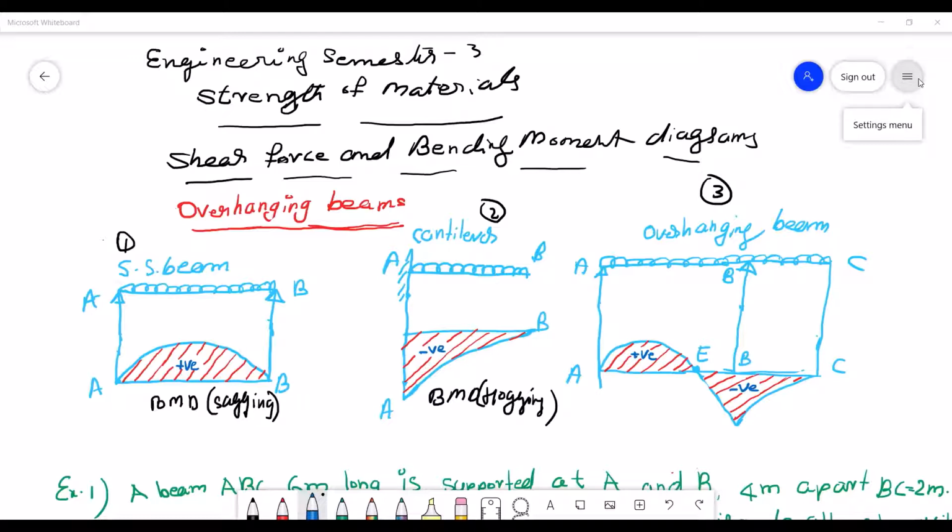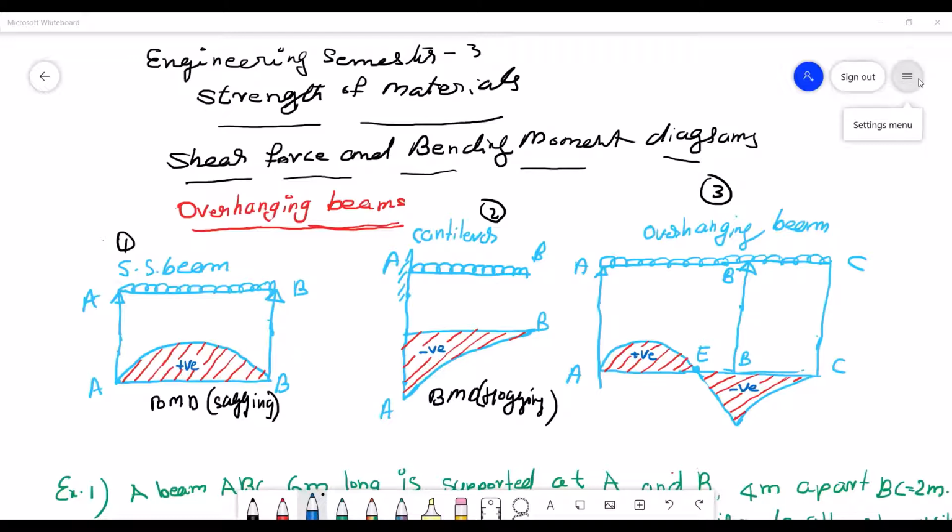The third is also a simply supported beam. Here the first part, AB, is a simply supported beam and BC is a cantilever beam. It means it is a combination of a simply supported beam and a cantilever beam, which we can call an overhanging beam.